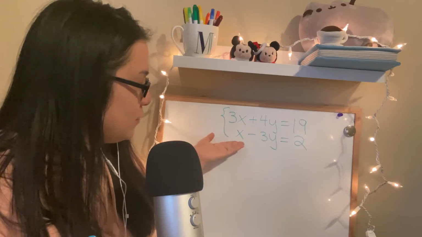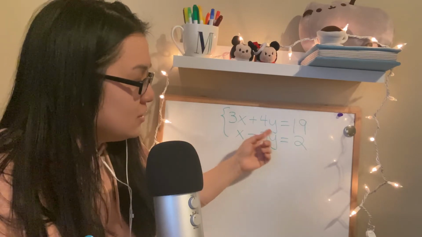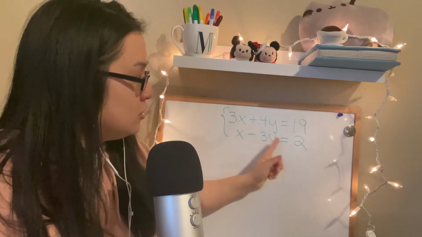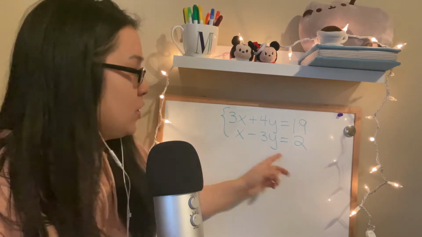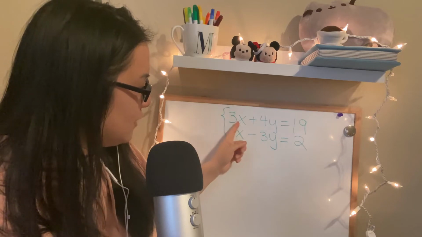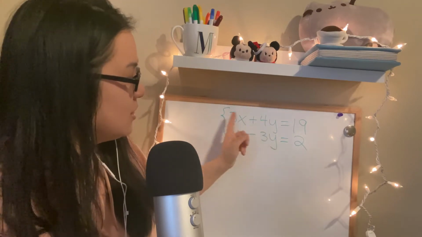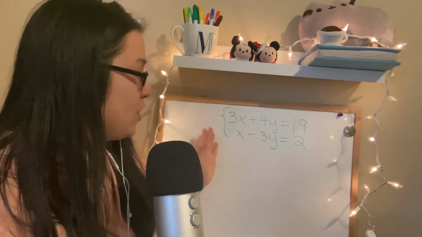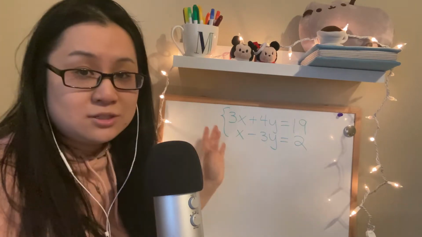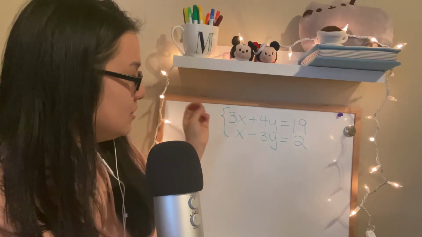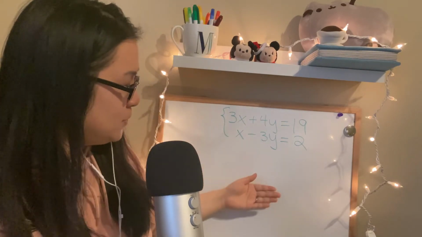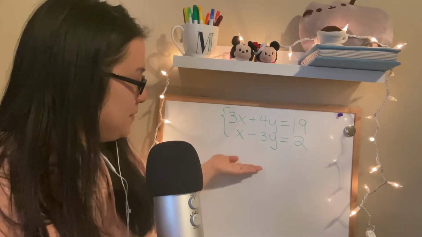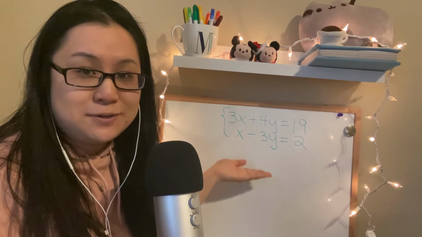So the first number minus 3 times the second, again the multiplication first, should give me 2. So I'm looking for a value of x and a value of y such that both of these situations are true. Our system of equations has 2 equations, sometimes there's more, and 2 variables, and sometimes there's more. So that's what we're looking for.